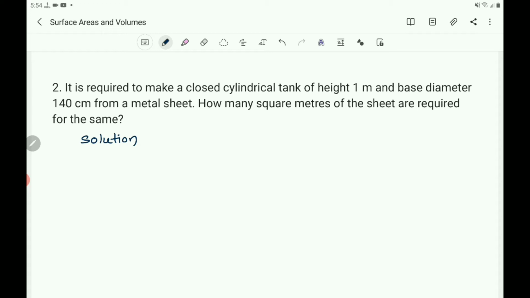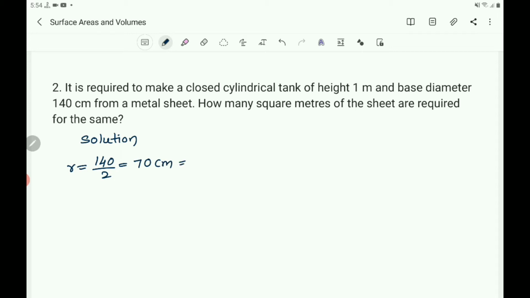So you take the radius r equals diameter by 2. The diameter is given, 140. So it is 140 by 2, half of the diameter, that equals 70 centimeter.